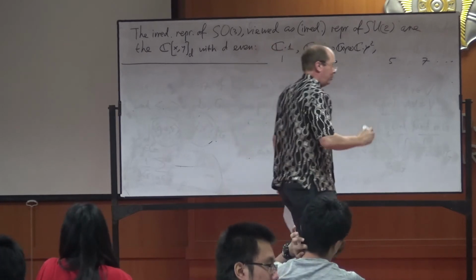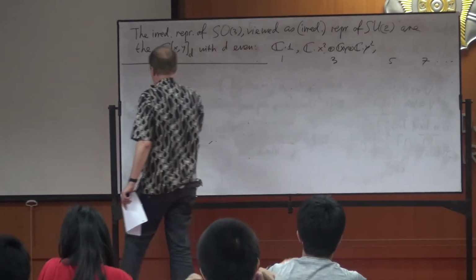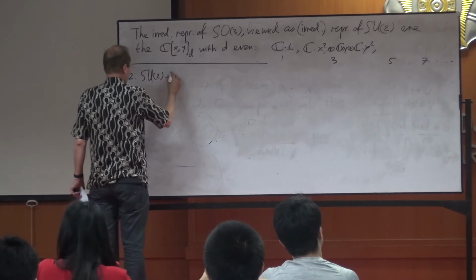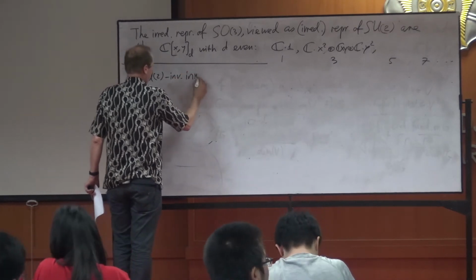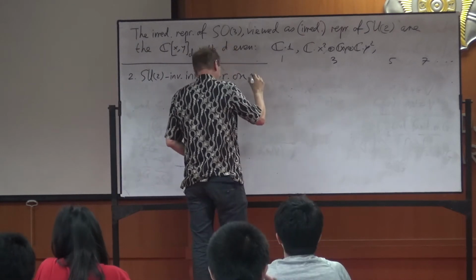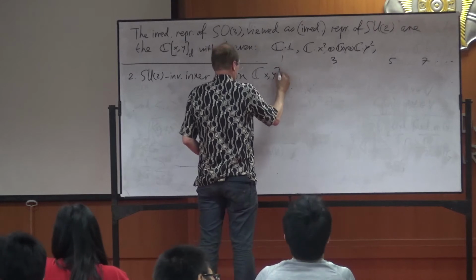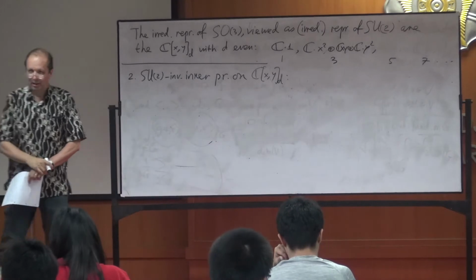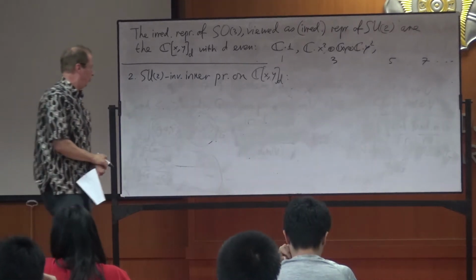We need this inner product, so let me explain about the inner product. So, the SU2 invariant inner product on C[x,y]_d. So how do I do that?